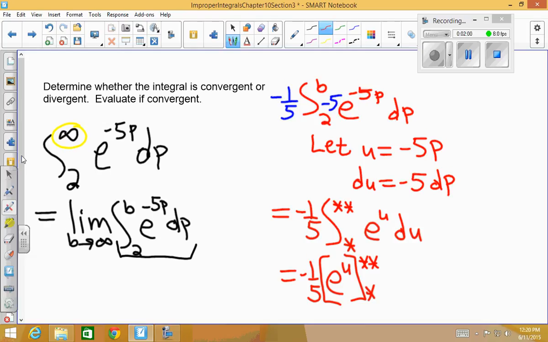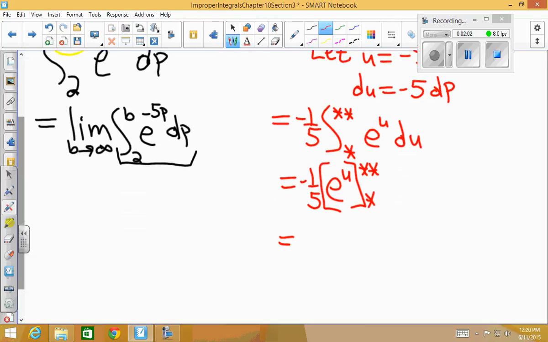But now we have to get back to x's. Sorry, not x's, in this case p's. So e to the u is equal to e to the negative 5p, and the limits of integration are from 2 to b.